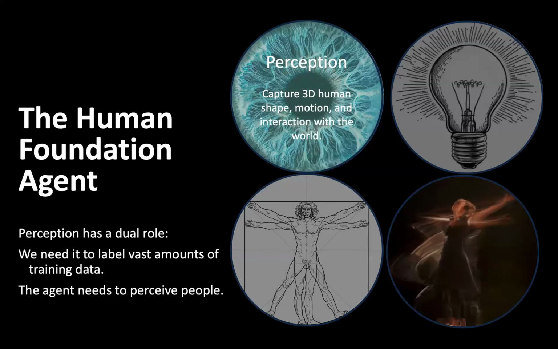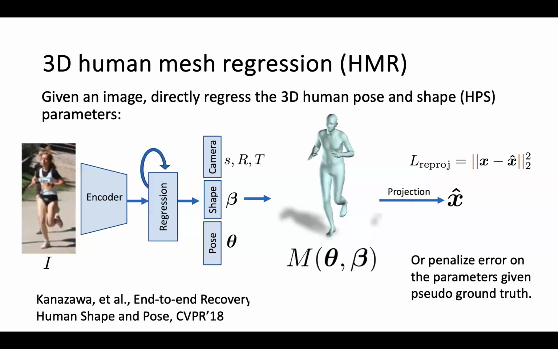Perception is the meat of the story, and it really all began with this paper by Andrew Kanazawa. Jitendra is also a co-author on this paper, and it was HMR, and the basic idea has stayed the same since 2018. You take an image in, you have some backbone, you encode it into features, you train a fairly small network to regress something about the camera, typically a very simple model of the camera, the body shape, and the beta and the pose parameters theta.